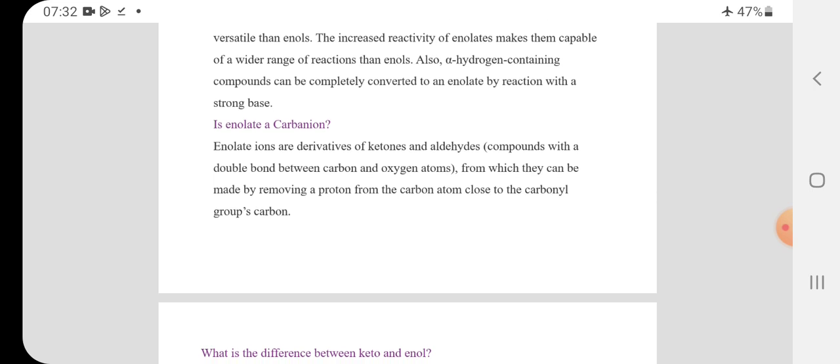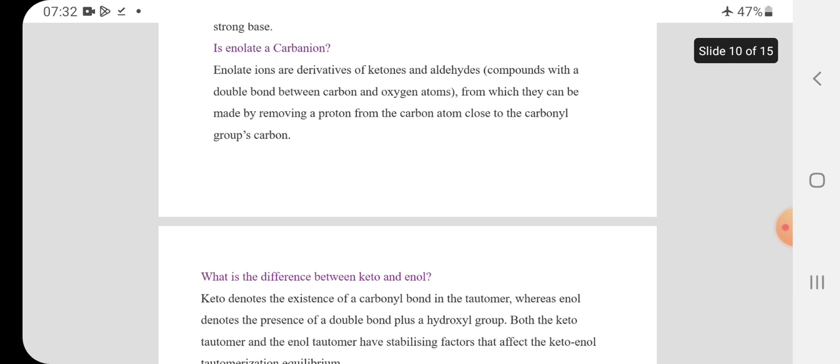Also, compounds containing alpha hydrogen can be completely converted to the enolate by reaction with a strong base. An enolate is a carbanion. Enolate is an ion derived from ketones and aldehydes, made by removing an alpha proton from the alpha carbon atom close to the carbonyl group.